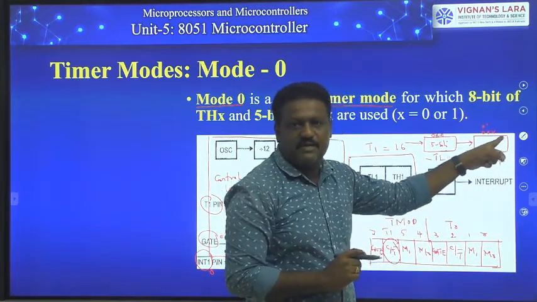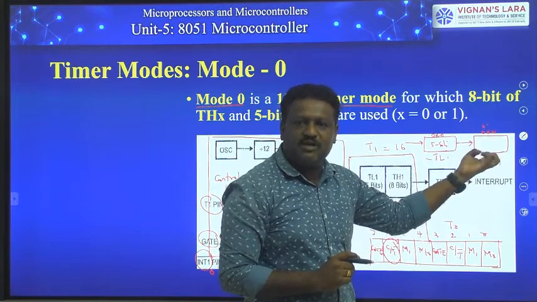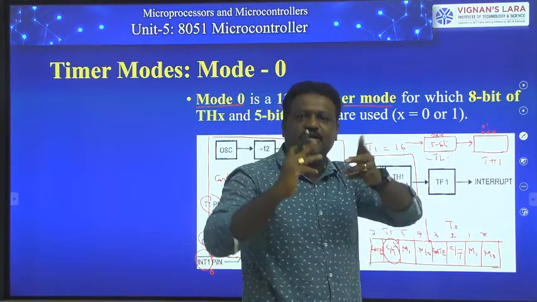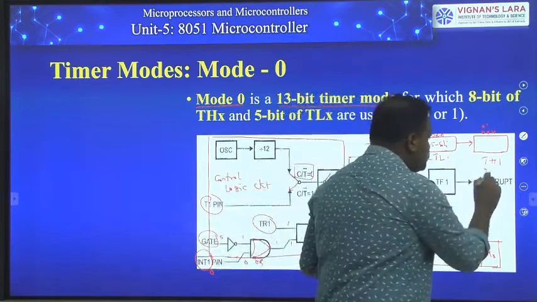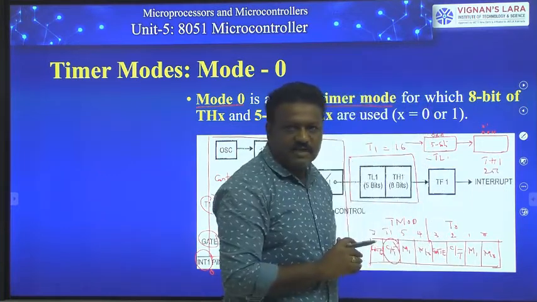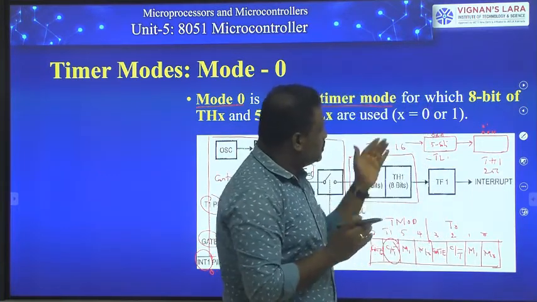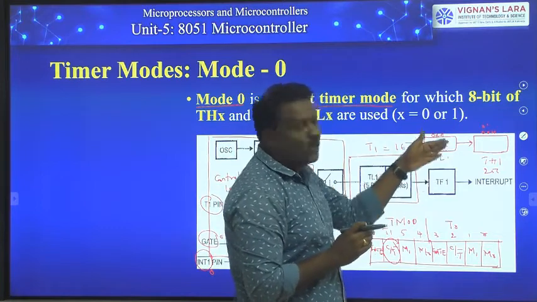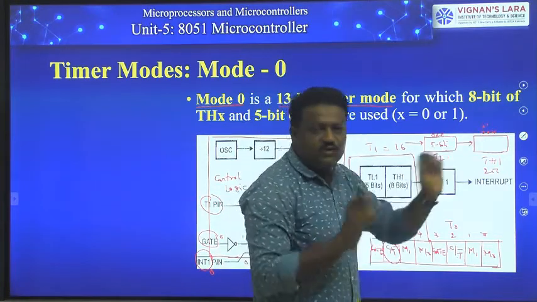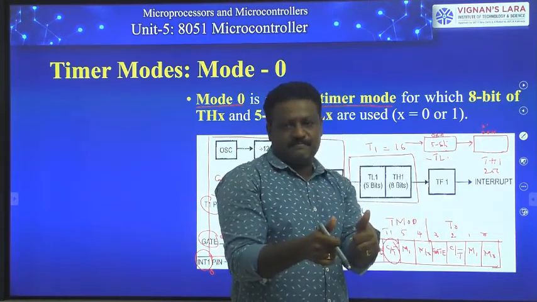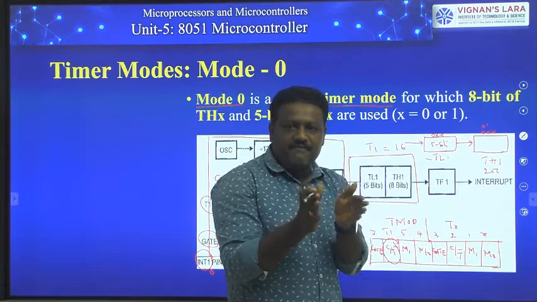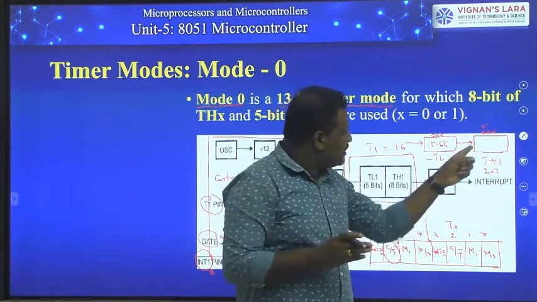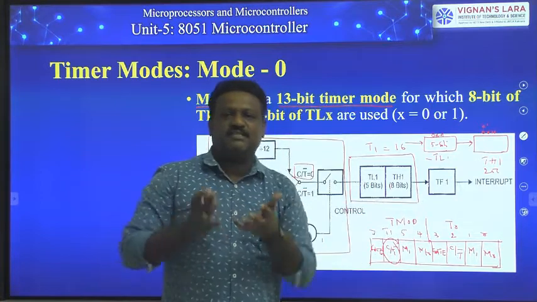It is 8-bit. So how many clock pulses will it count? That is 2 power 8, which is equal to 256. So listen carefully, friends. After every 32 clock pulses, this TH1 value changes once. I repeat, for every 32 clock pulses, the content of TH1 changes.